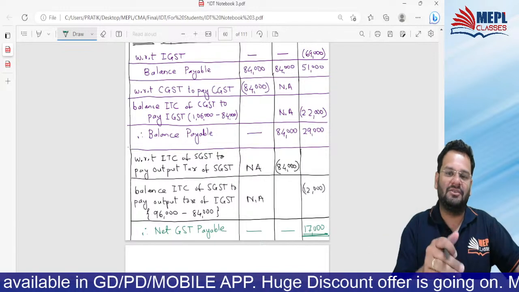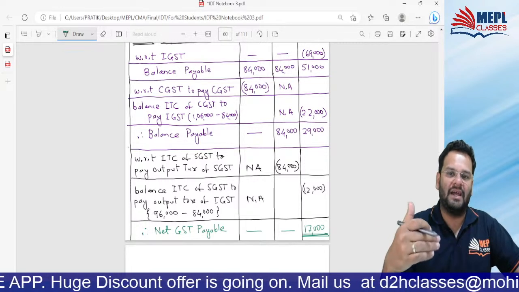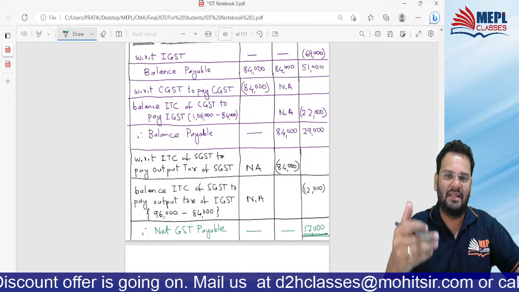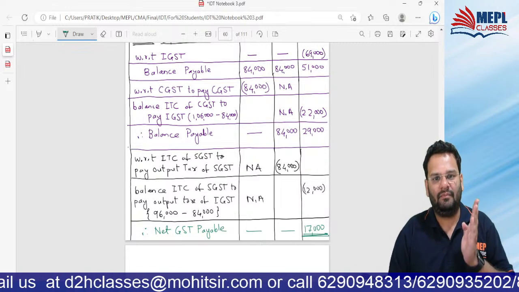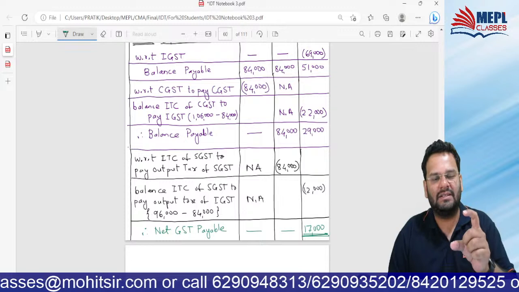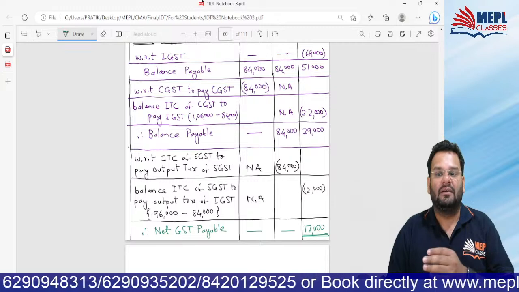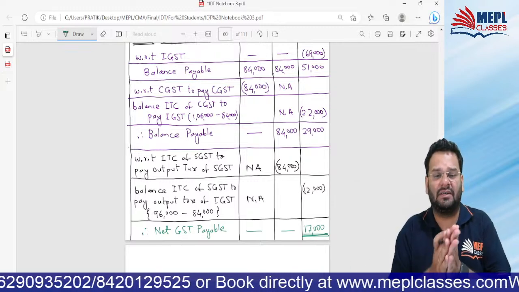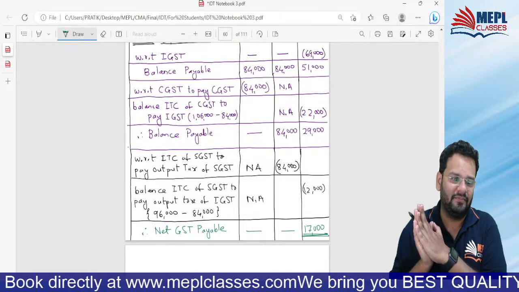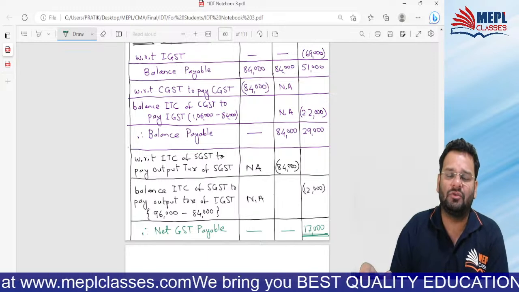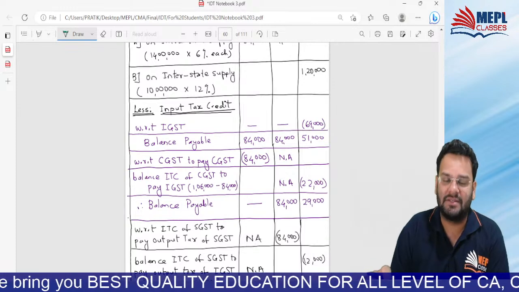First, we exhausted ITC of IGST. After exhausting that, we touched ITC of CGST. Then lastly, we have touched ITC of SGST. How did we do that? First, ITC of IGST was utilized to pay output tax of IGST. In this case, entire ITC of IGST got exhausted to pay output tax of IGST, because only 69,000 was ITC of IGST.